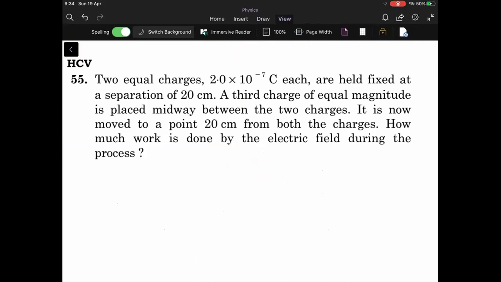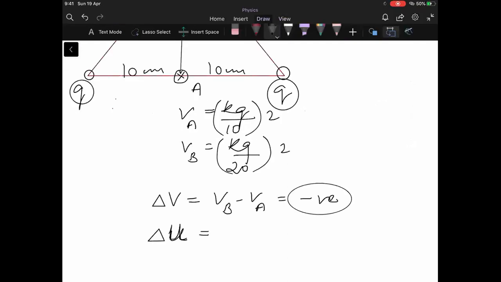In this question, you have to apply the concept of potential difference and then find the change in potential energy of the system when you move a charge across two different points, and then think in terms of the relationship between the work done by the electric field and the potential difference, the potential energy difference change of the system.